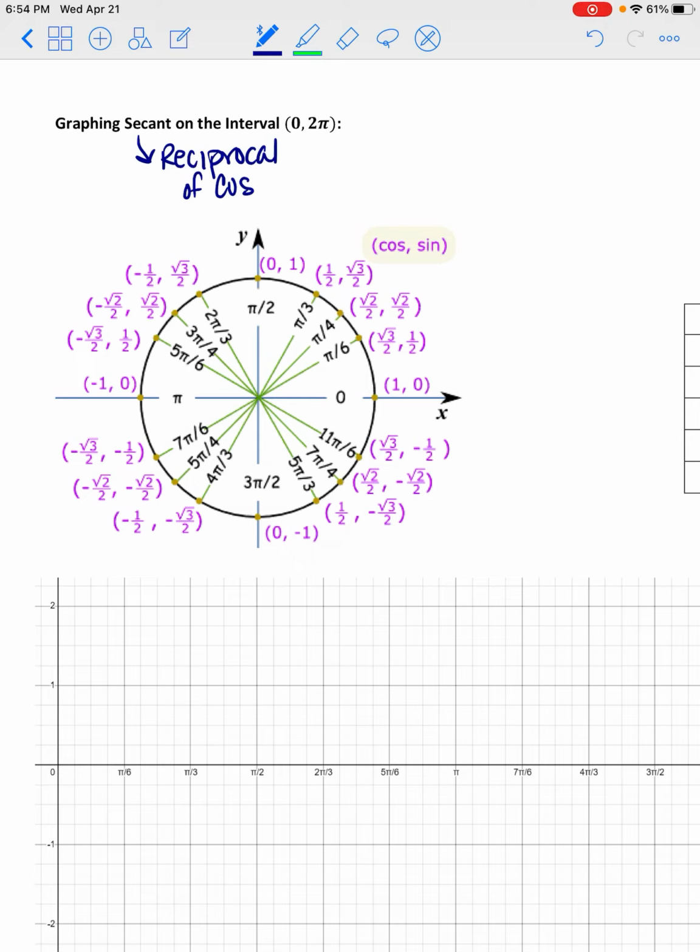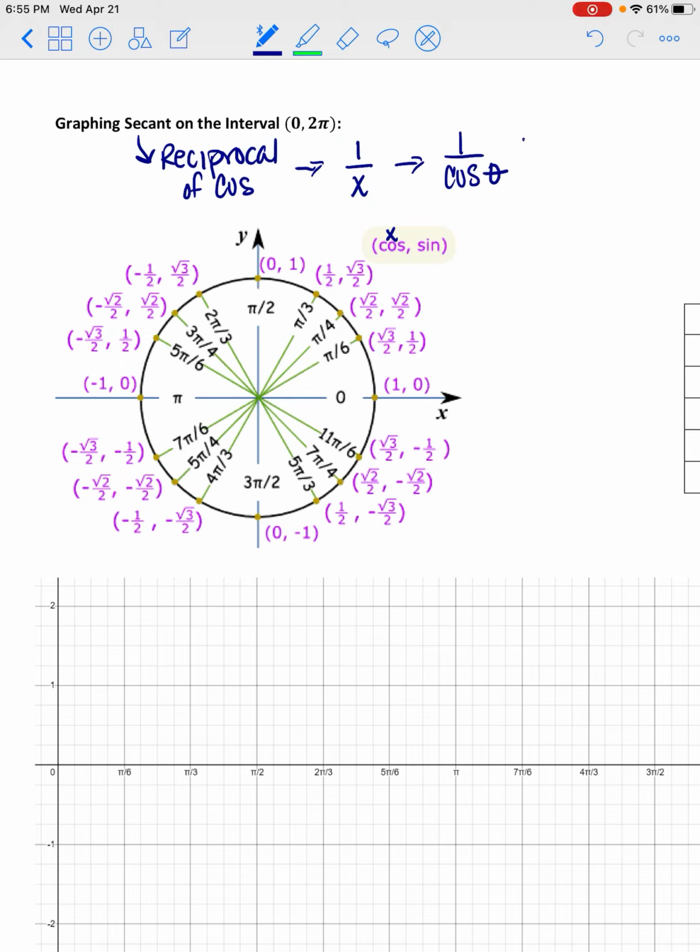So secant goes with cosine. Secant is the reciprocal of cosine. So we said cosine was the x value here, so we're going to say it's 1 over the x value, but really we should be looking at this as 1 over the cosine of theta. In the unit circle it's 1 over the x value, but really the x value is cosine, so we should be thinking of this as 1 over the cosine of theta.